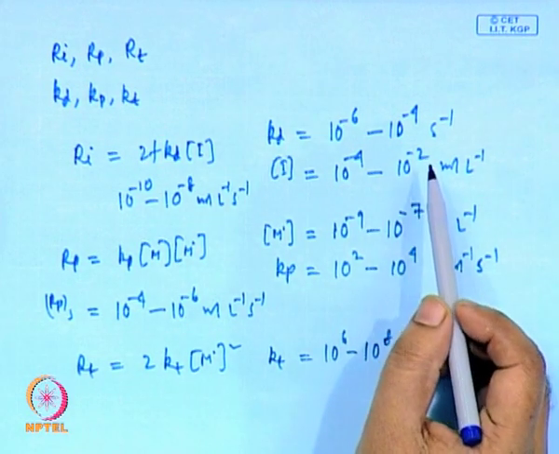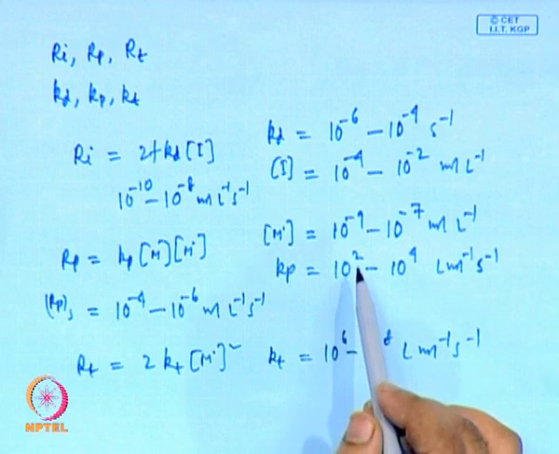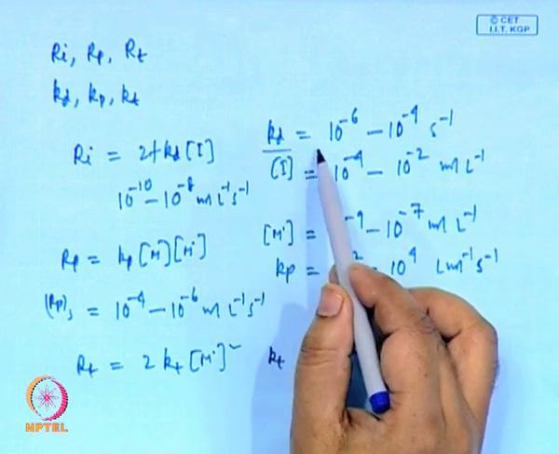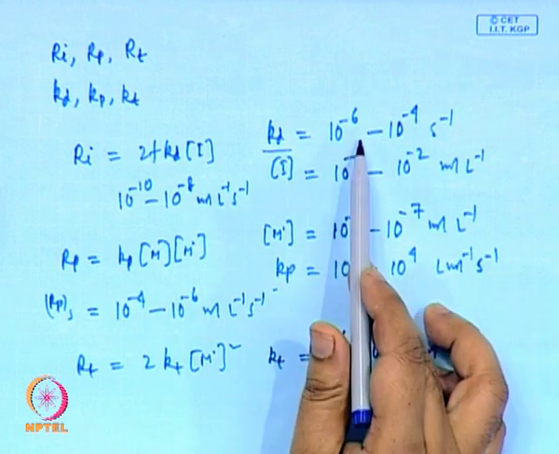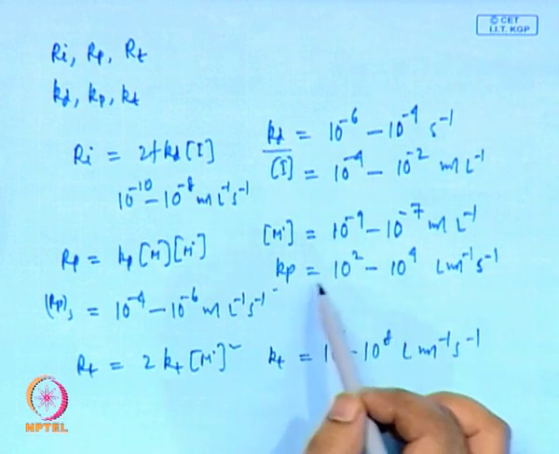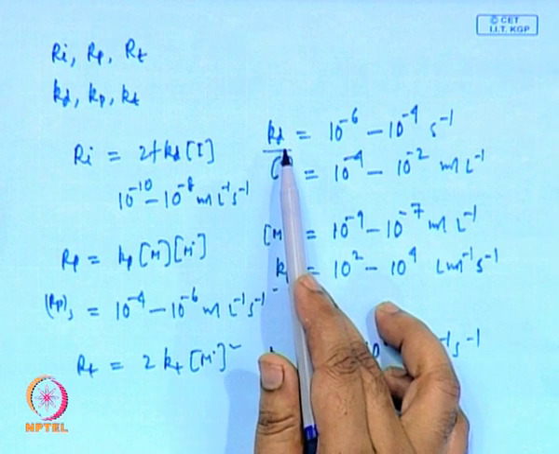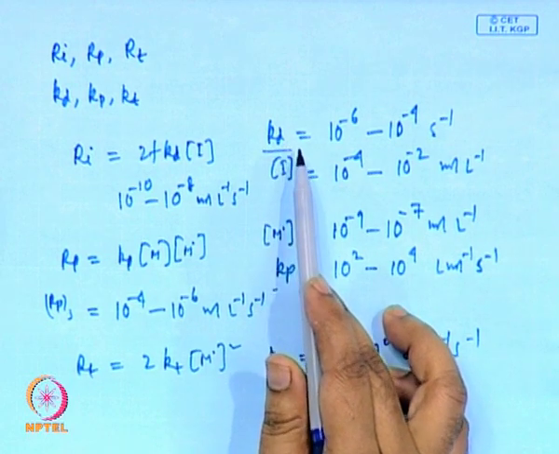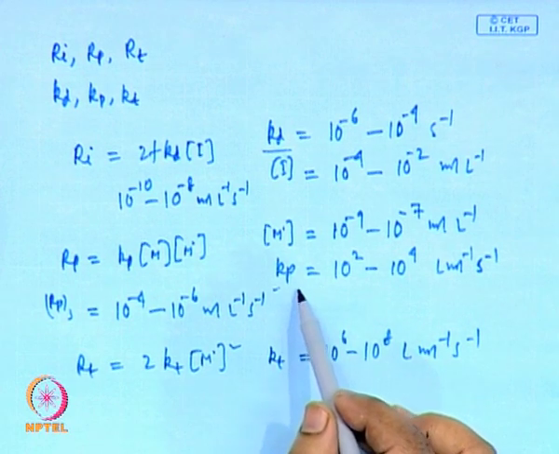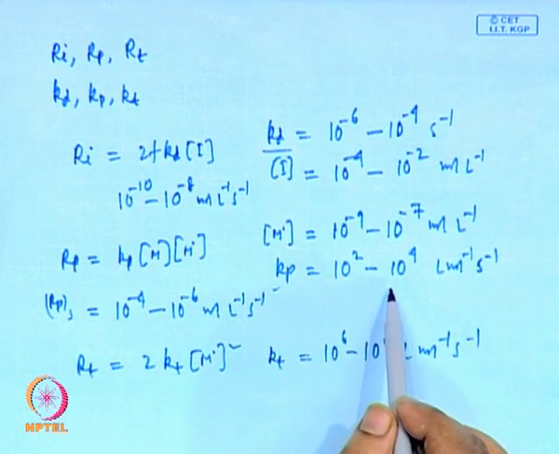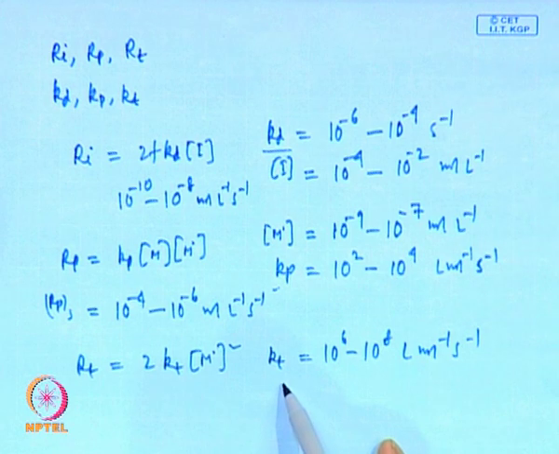Now, look at this number, Kd is very small, whereas Kp is much higher compared to Kd. So, the dissociation or the initiation reaction is very slow, Kp is fast, so the propagation reaction is fast and the termination reaction is much faster.